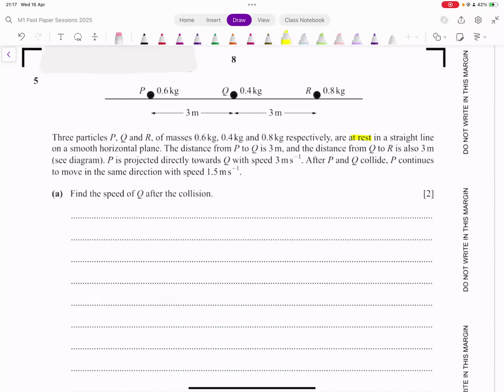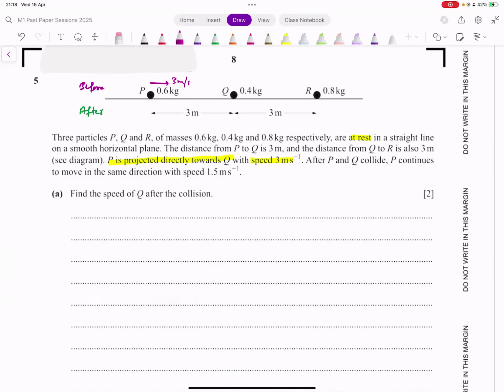P is projected directly towards Q with speed 3 meters per second. After P and Q collide, P continues to move in the same direction with speed 1.5 meters per second. So after collision between P and Q, let's write before here and after here.